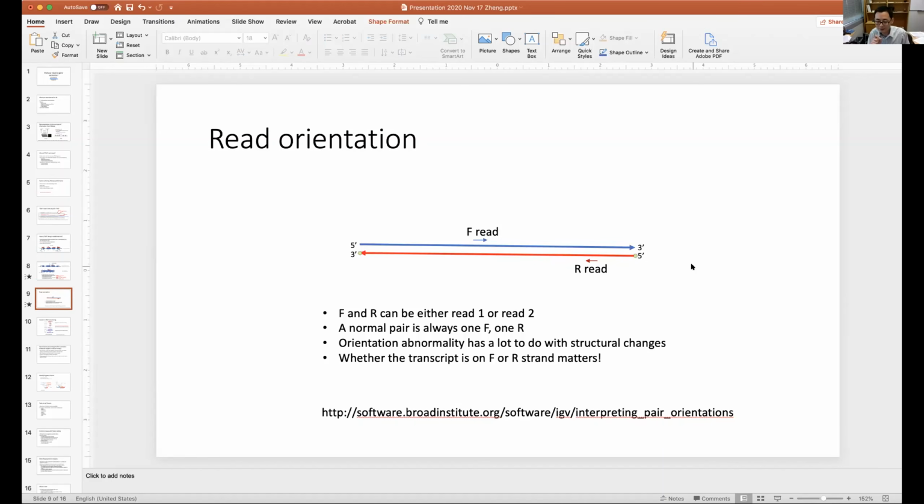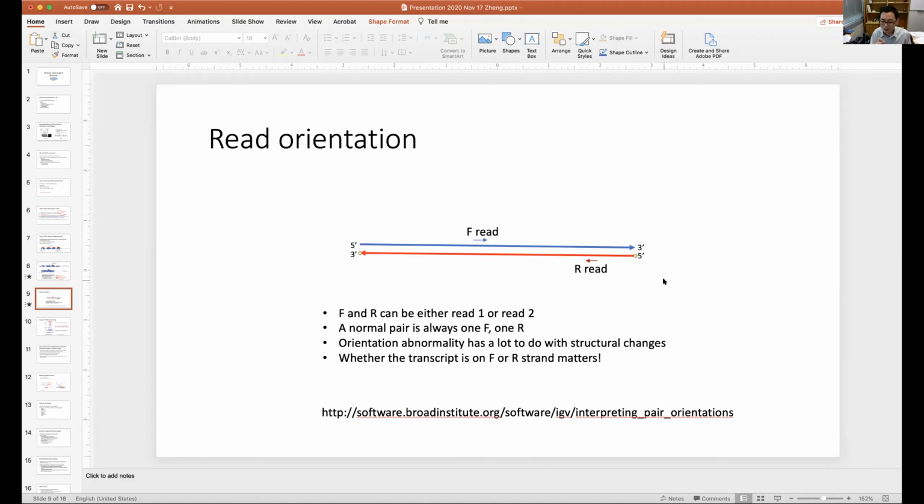Now, I think this is a little confusing. I don't know if you learned this in molecular biology class, but the forward strand and reverse strand are not equivalent to sense or antisense strand. Because when you talk about sense or antisense strand, that is relative to where the gene is located. So if the gene is located on the minus strand, then the reverse strand is basically your sense strand.